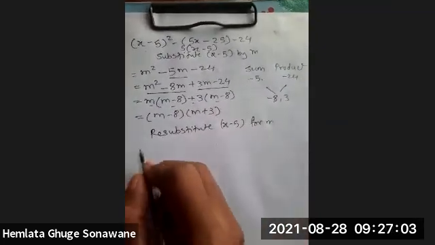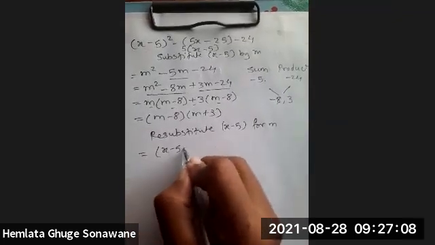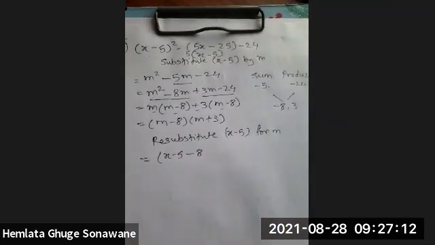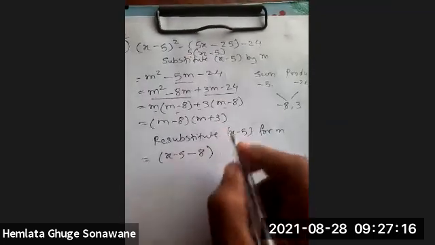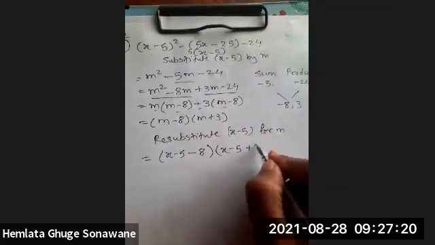For m, it becomes x minus 5 minus 8 and x minus 5 plus 3.